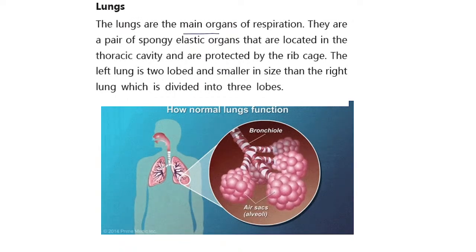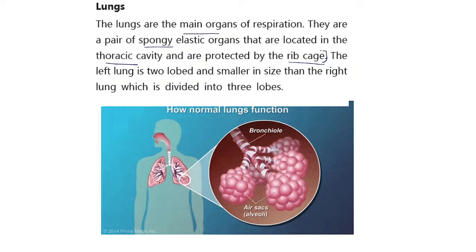They are big, spongy, elastic organs that are located in the thoracic cavity and they are protected by the rib cage. We have learned about the skeletal system in our lower classes, remember. There we learned that the rib cage helps in protection of many vital organs, and one of the vital organs present in the thoracic cavity is the lungs. So the rib cage helps in protection of these lungs.